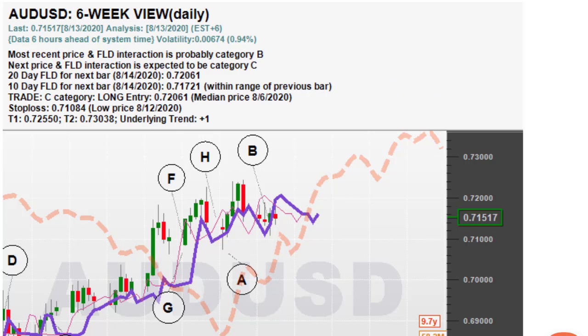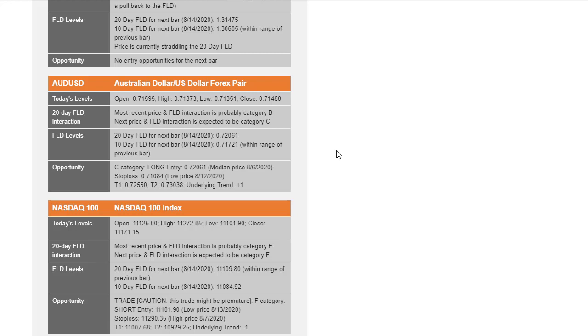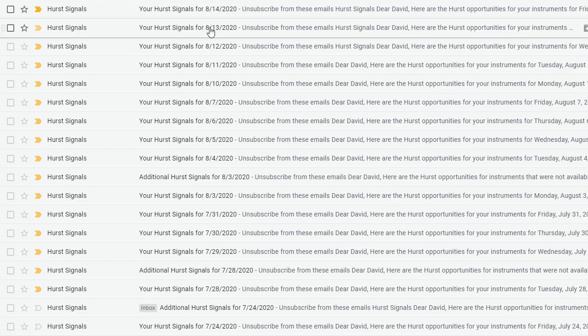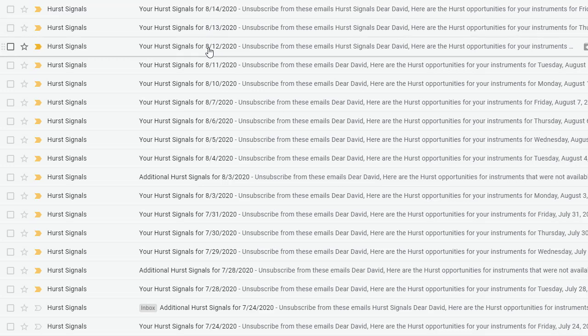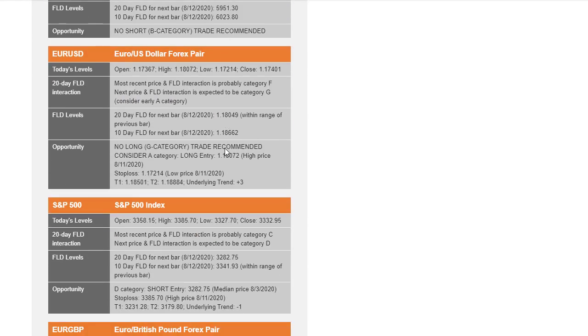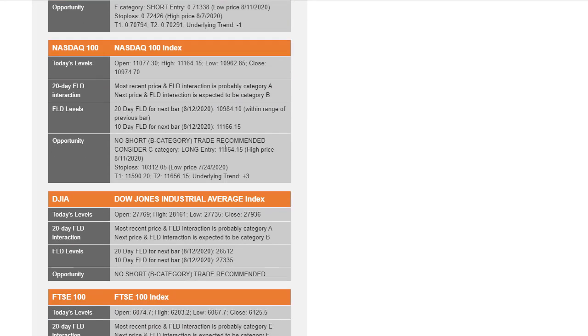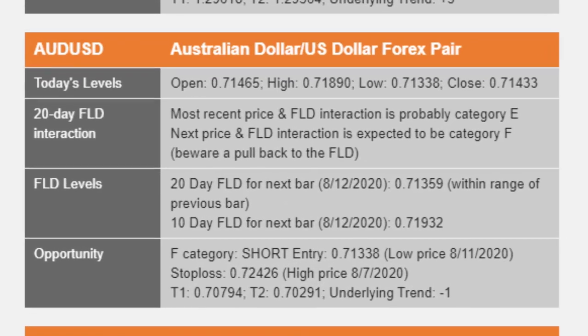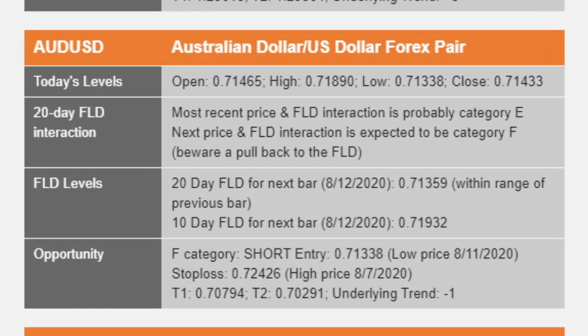Well, if we go back by 2 days, so this is the email for the 14th of August, and if we go back to the email not on the 13th, because it was also recommending a long trading opportunity at that time, but I think if we go back to the email for the 12th of August, there it is, Australian to US dollar, and here you can see the recommendation is in fact exactly the opposite, an F category short entry.